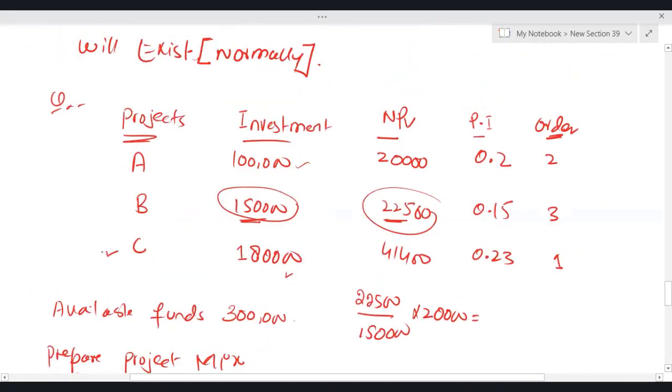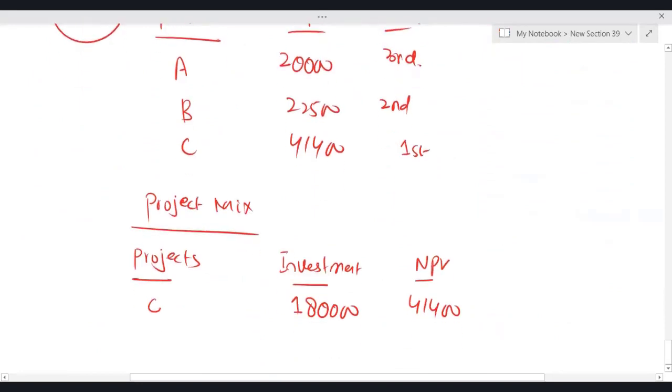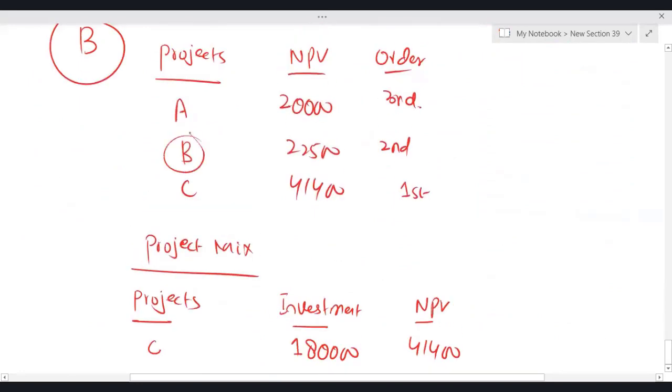We have opted for this. Yes or no? Can I say number two is B? But there's one problem. Students, tell me what is the problem?